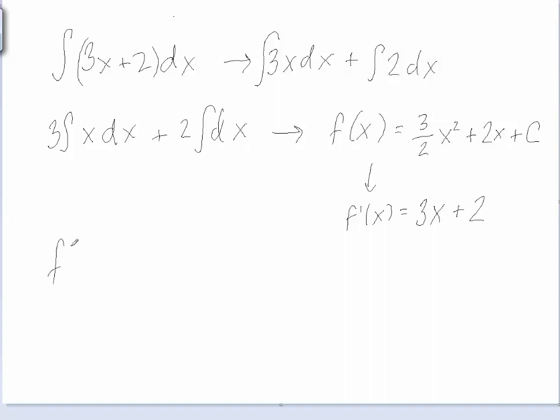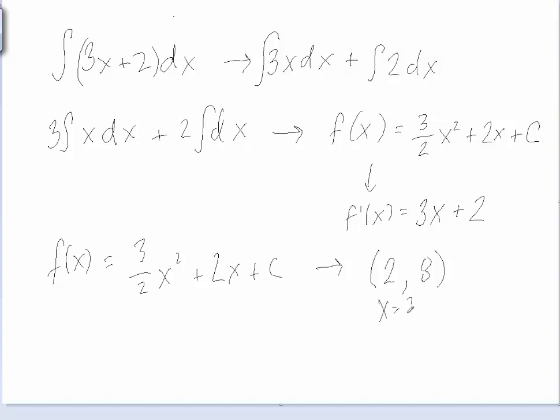So given this function, let's say we know that when x equals 2, the function is equal to 8.